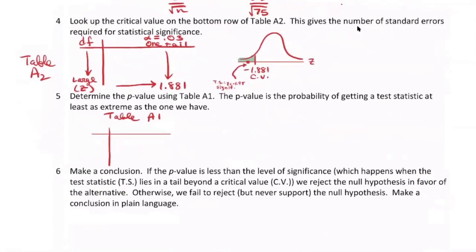So for z, we go down to negative 1.9, and then over to 0.08 to get that probability. Remember, this table gives areas to the left of your z-score. That's what we want, actually, because this is a left tail test.